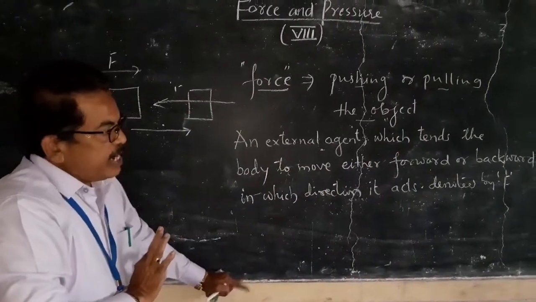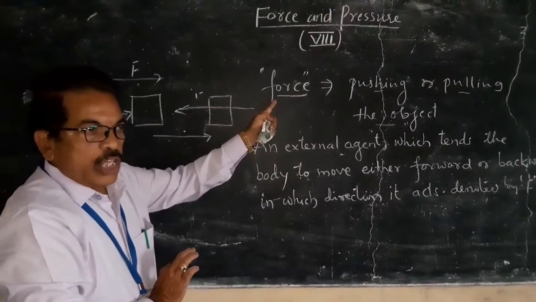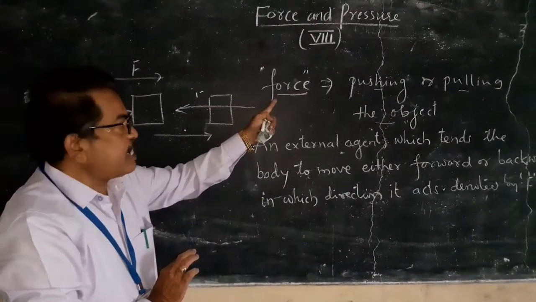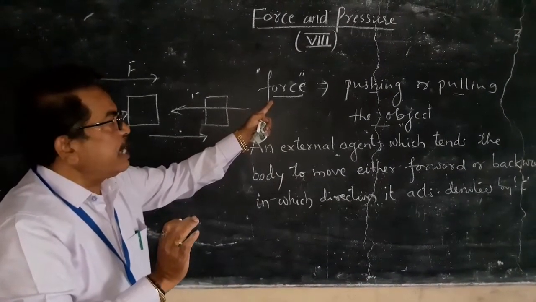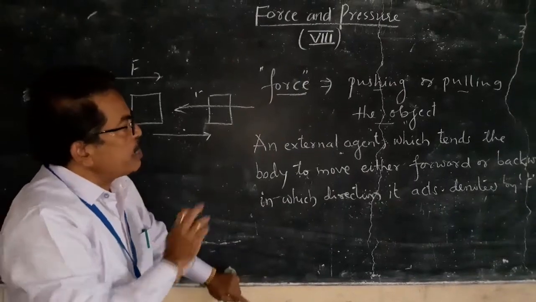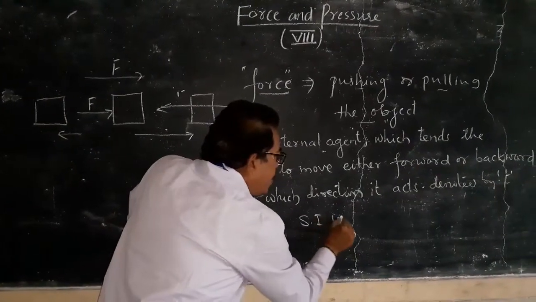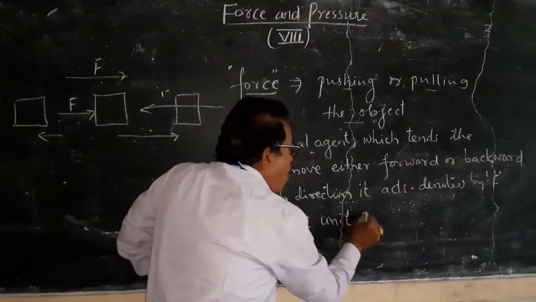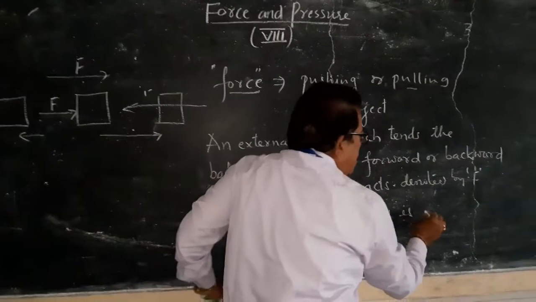Then, what is the SI unit of force? You know, there is the International System of units. For every scientific term, there is an SI unit. So the SI unit of force is Newton.